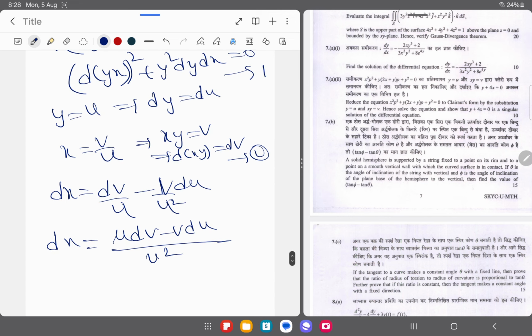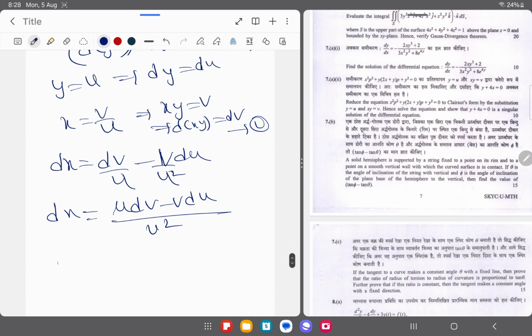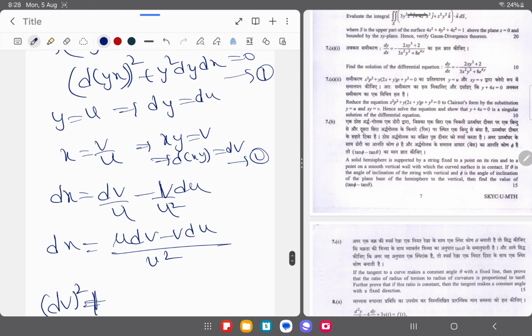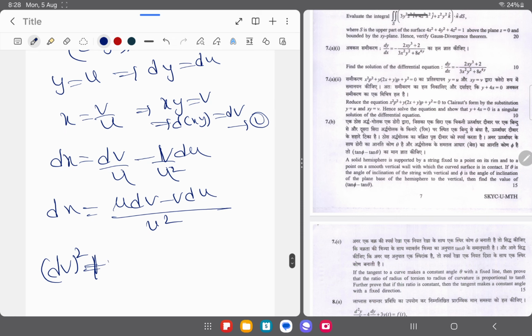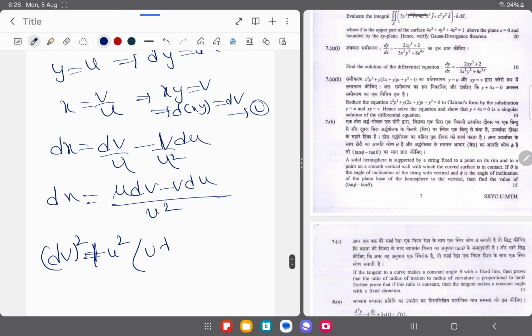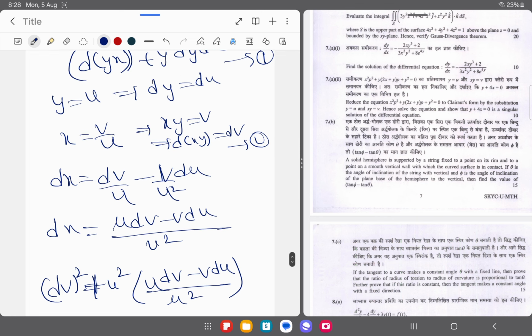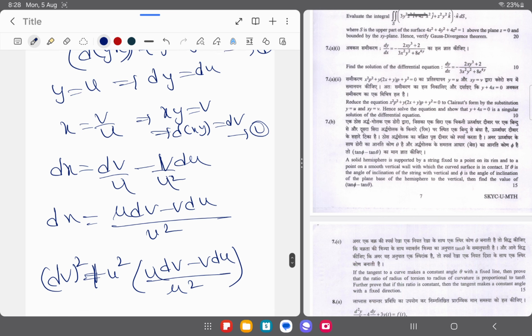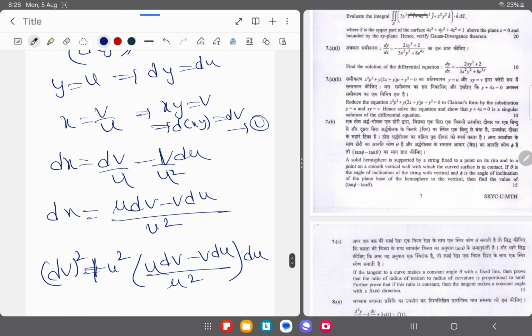So now substituting in equation 1, we get dv squared plus y squared, that is u squared, into dx, that is u dv minus v du by u squared, into dy, which is du, right?